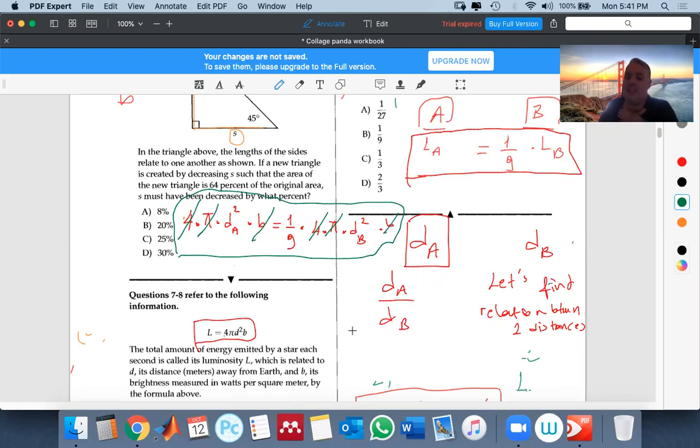What is left? dA squared is equal to 1 over 9 times dB squared. That's it. This is the question.